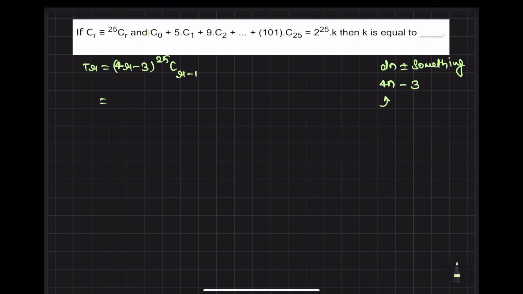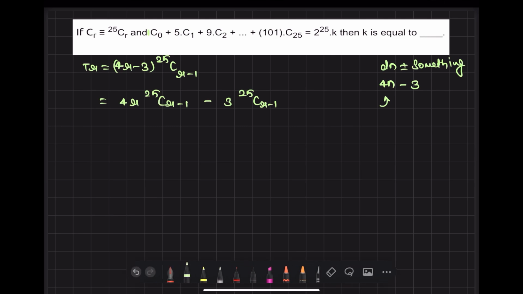Now you can expand this thing. So it is 4r 25 cr minus 1 minus 3 times 25 cr minus 1. Okay? Now we can apply the limit. Okay?